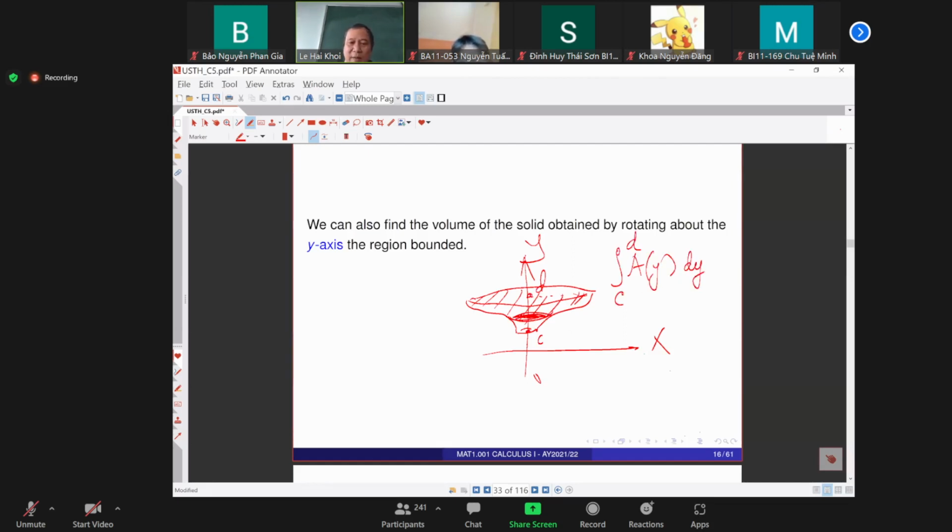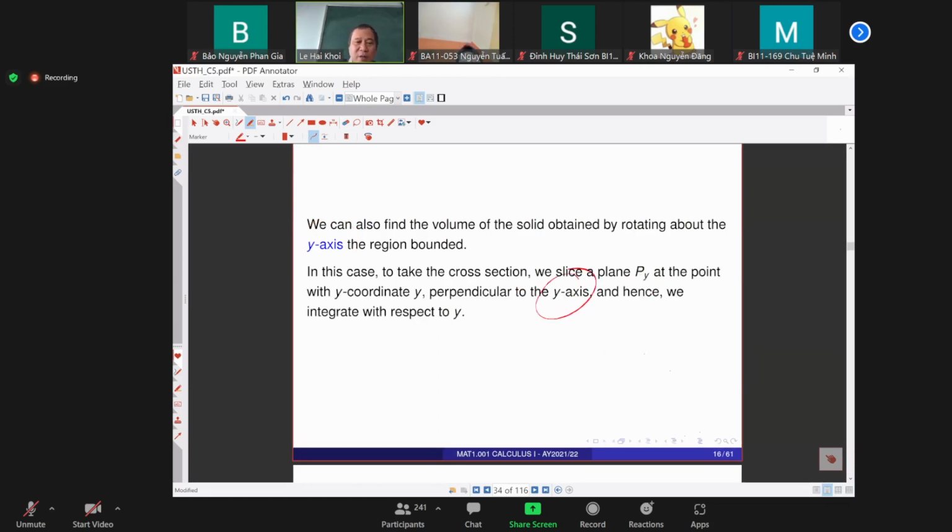Here it is A(y), because now you take the integration with respect to y, not x anymore, since you are rotating around the y-axis. So you should change everything from x to y.